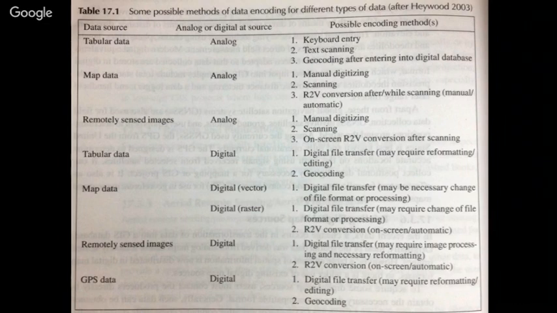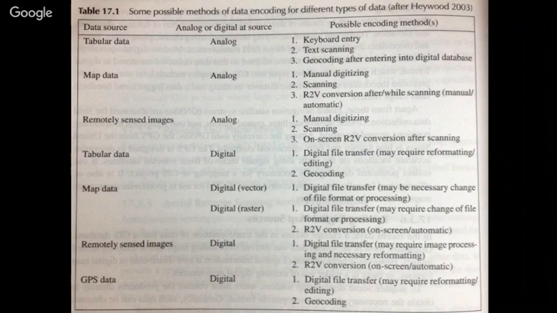Tabular data, which is available in digital form, can be transferred from one file to another through digital file transfer. For map data in digital form, in vector form, digital file transfer can be carried out.